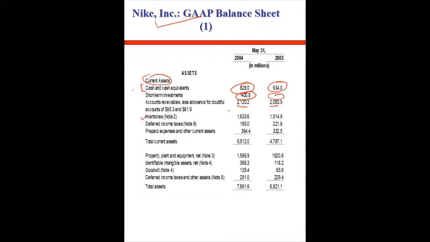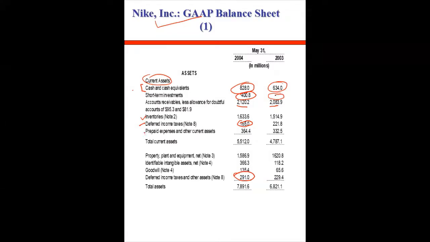So we need to check how it has been estimated together. Probably there has been a sum up by adding these amounts. We need to check the deferred, okay, prepaid expenses and other current assets.